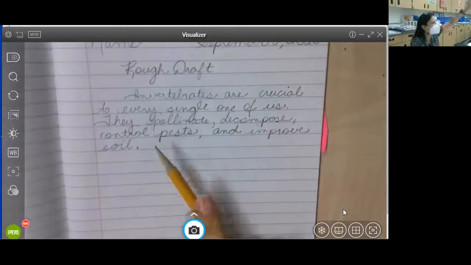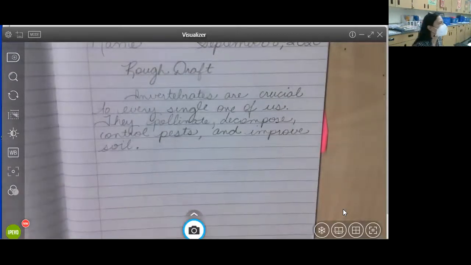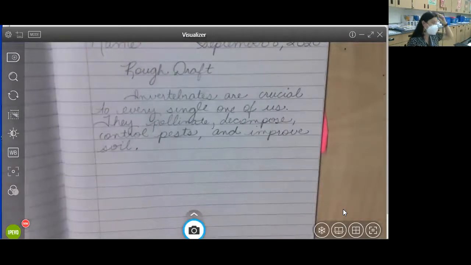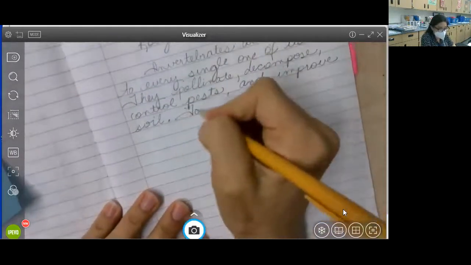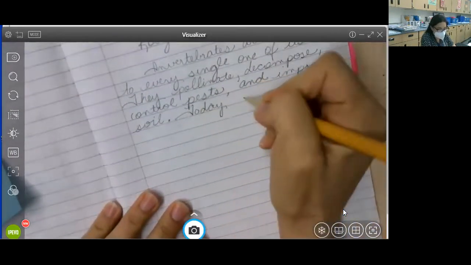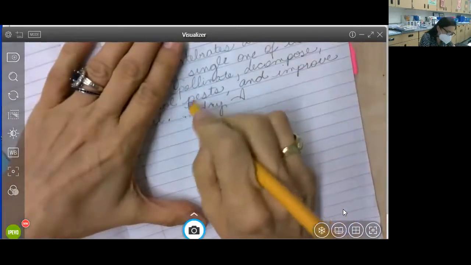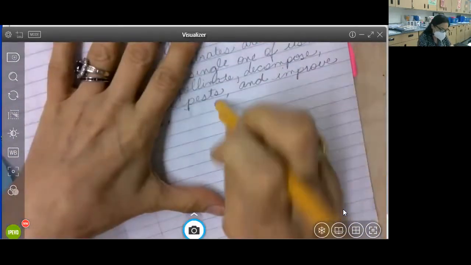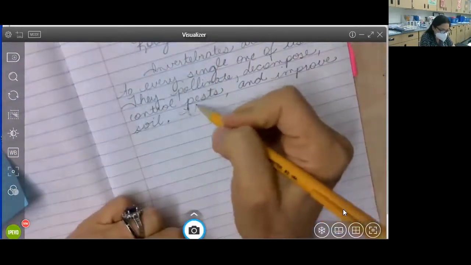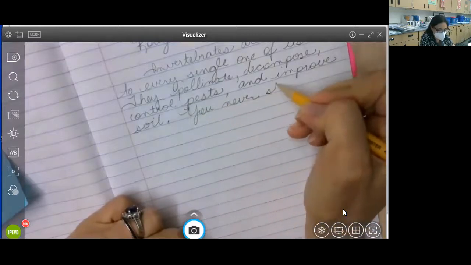So right now, when everybody writes this sentence, write just something interesting. Let me see what you can come up with, and we're going to share this sentence right here. I'm going to write, today, no, I changed my mind. See, you can change your mind. You never stop learning.